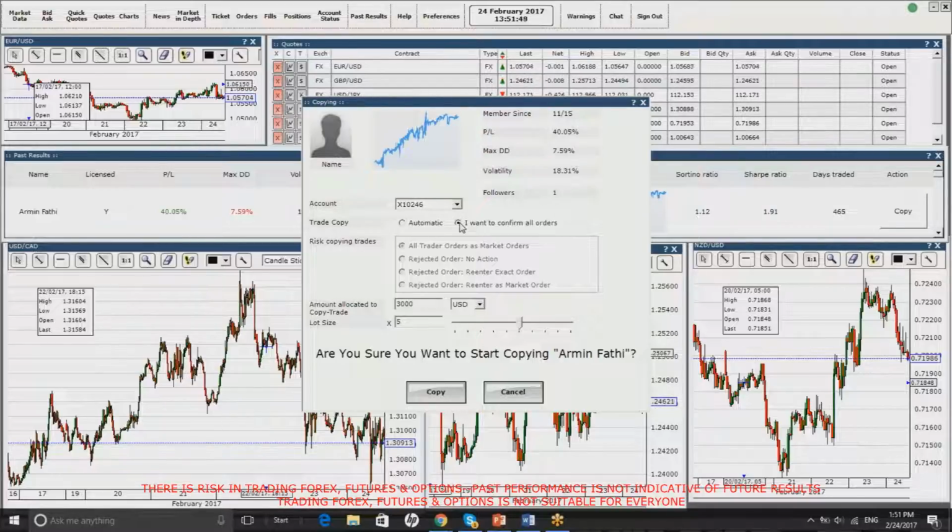I said act swiftly. Obviously, the market might come back to the same level again, and you can still copy me then. However, maybe the set of circumstances is different.